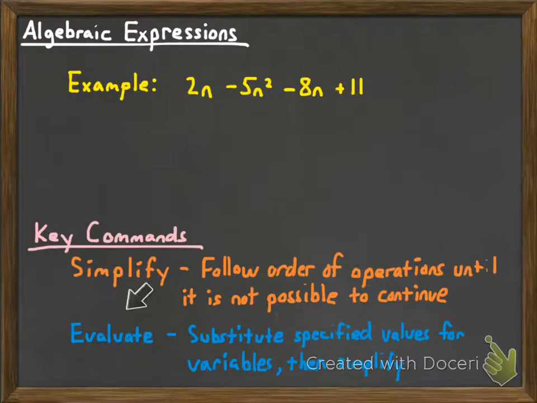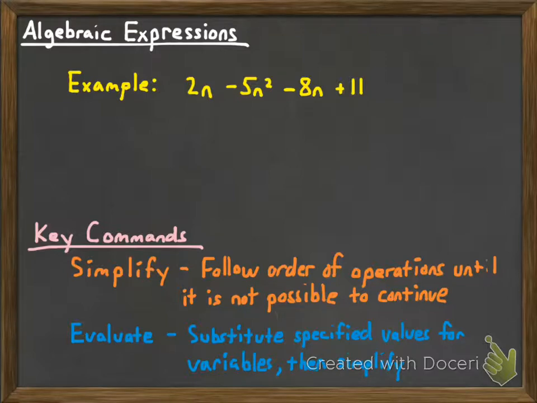When you're evaluating an algebraic expression, they're always going to tell you what x is and what y is, and they're going to say, well, if x is this and y is this, what's the value of the expression? Remember I said earlier when you evaluate that you're supposed to get down to a single value? Well, since they tell you the values of the variables, you can do that with algebraic expressions as well. So first substitute and then simplify.